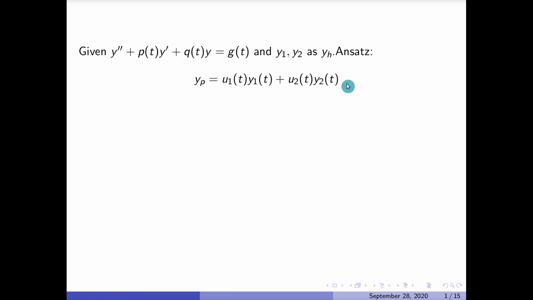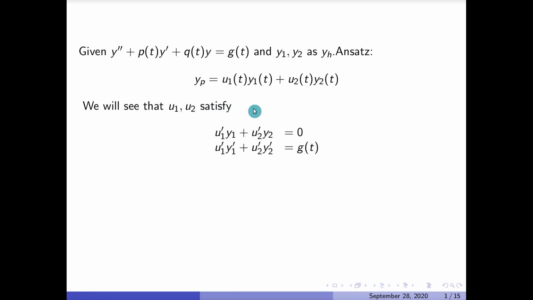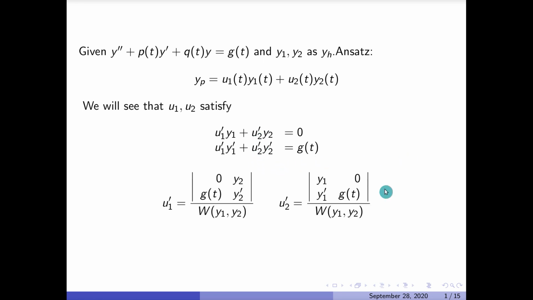Good. So what do you do with the ansatz? Well, you're going to plug it into the differential equation, but what we're going to see is that u1 and u2 happen to satisfy a system of equations. If I have y1 and y2, then the only unknowns in this system are u1 prime and u2 prime, which I could solve using Cramer's rule.